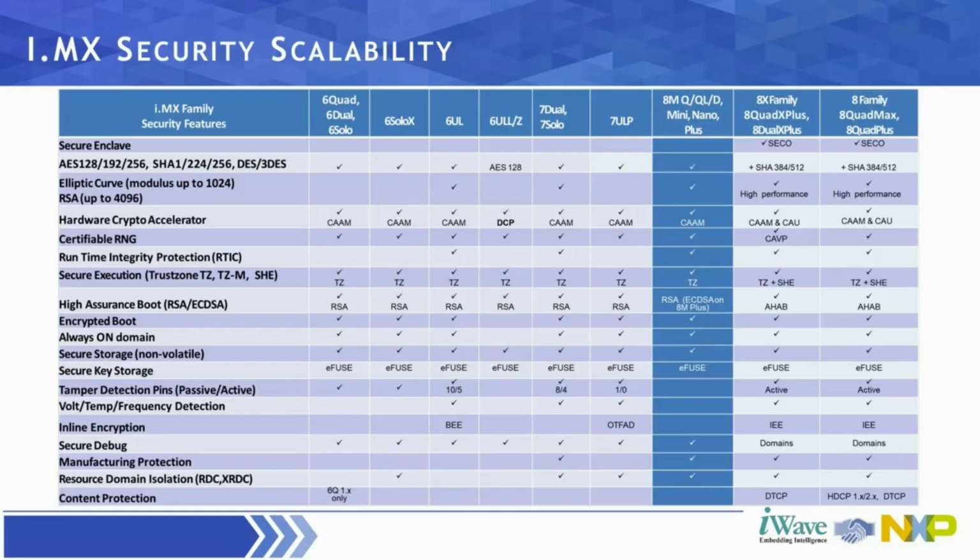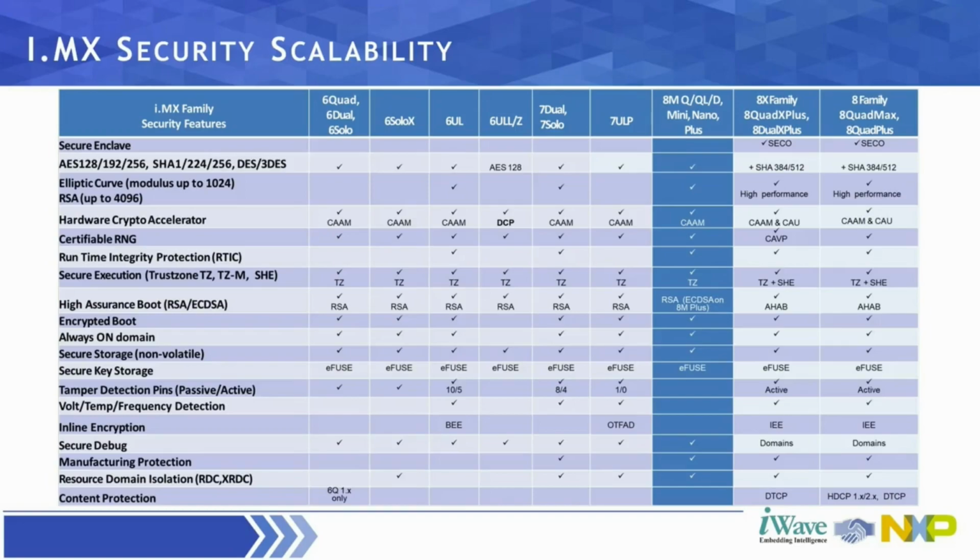I'm going to just present you some of the i.MX security features. Our secure solution is scalable across our i.MX family that ranges from the i.MX 6s up until the i.MX 8.